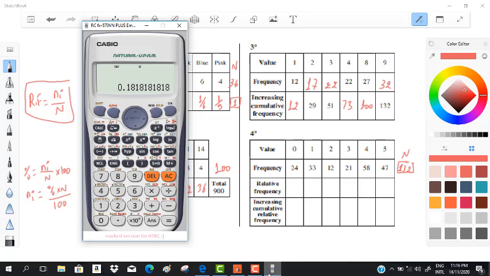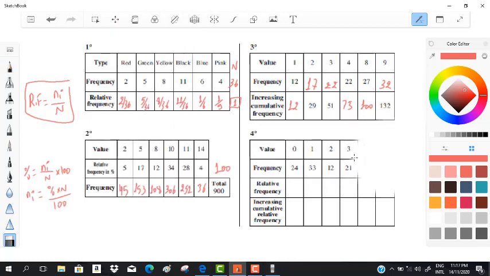Not 24, sorry, the total is not correct. Let's just erase it. The total is 195.